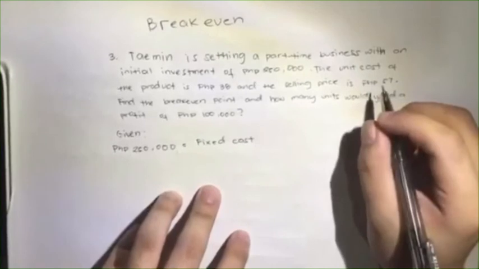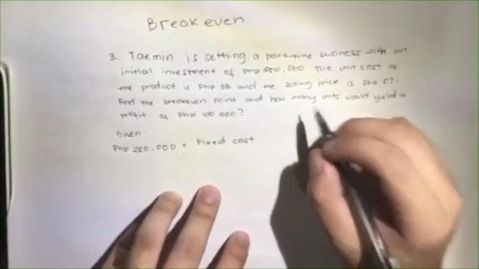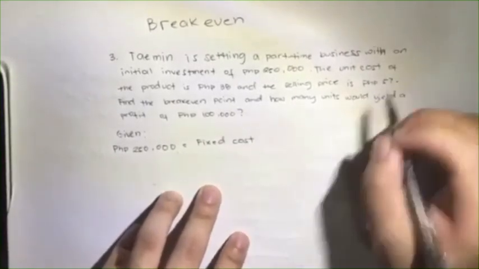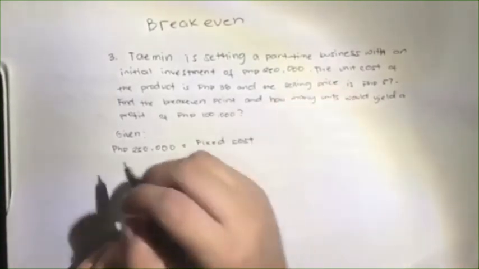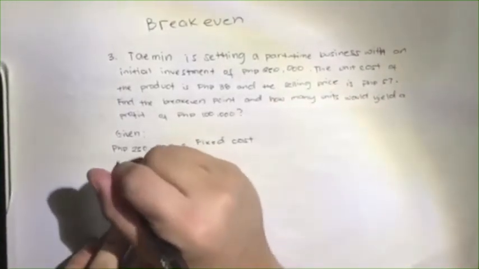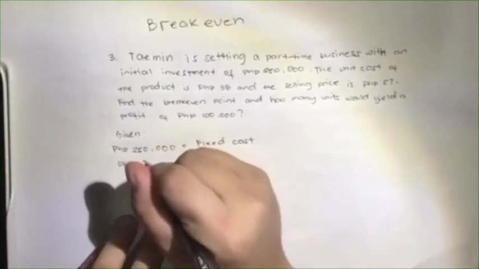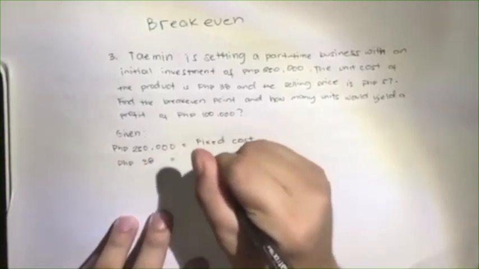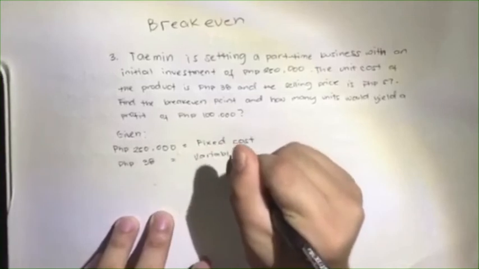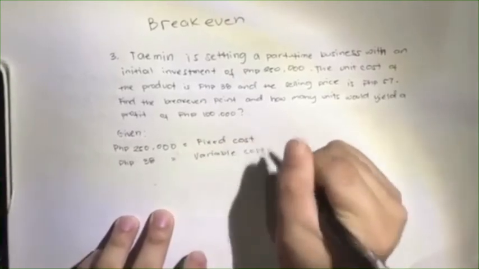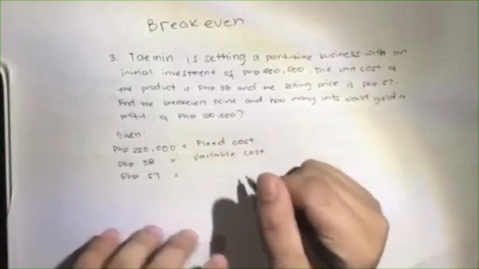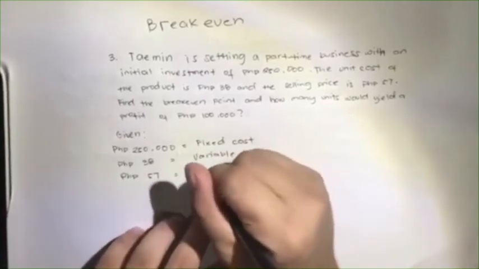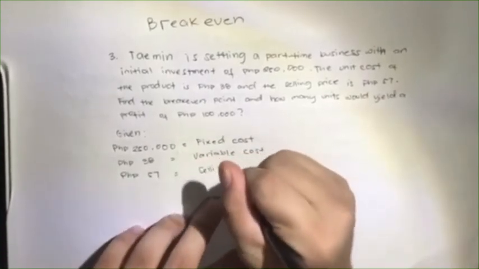The unit cost of the product is 38 pesos and the selling price is 57. So, it means, ito yung raw material. So, 38 pesos is our variable cost. And 57 pesos is our selling price.